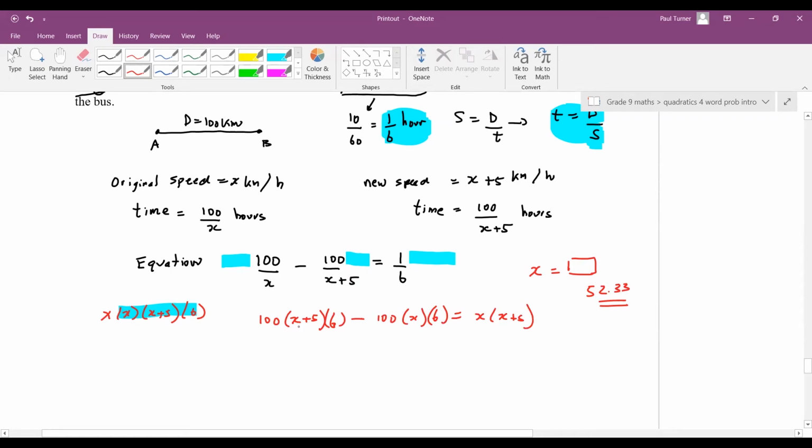So when we expand this, we'll get 600x and then 3,000 minus 600x equals x squared plus 5x.